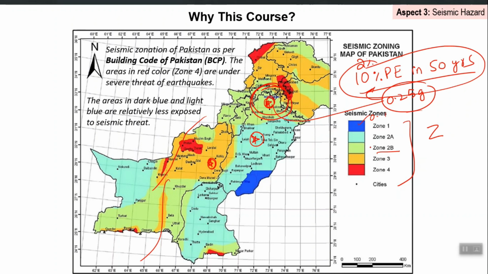For example, 2% probability of exceedance in 50 years, very rare earthquake. So what you will do simply, you will use a PGA as a design PGA corresponding to 2% probability of exceedance in 50 years, right?